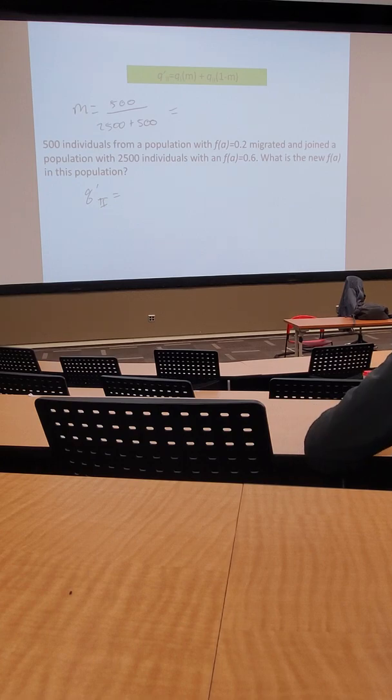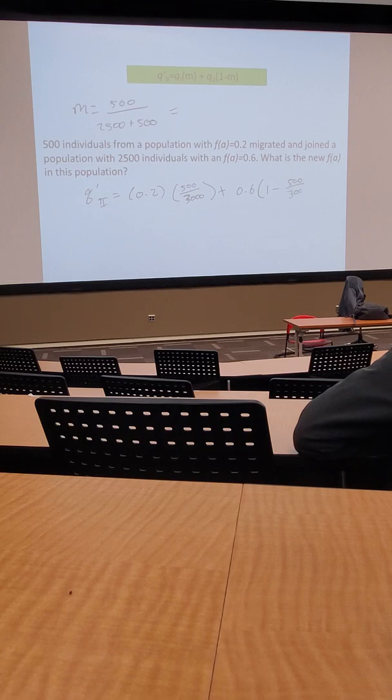0.166. So where did the migrants come from? They came from an allele frequency like this, right? And the remaining population has this allele frequency. It's in between. It's not exactly in between.